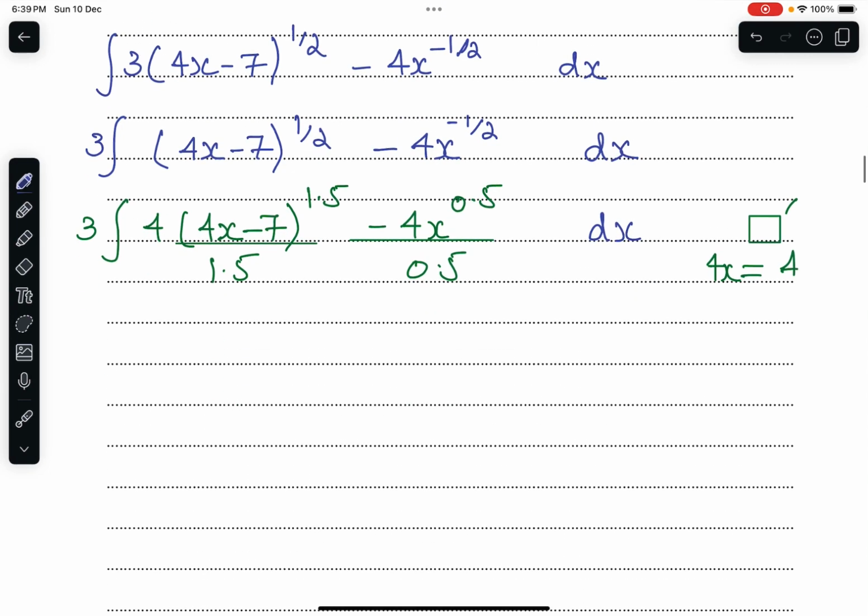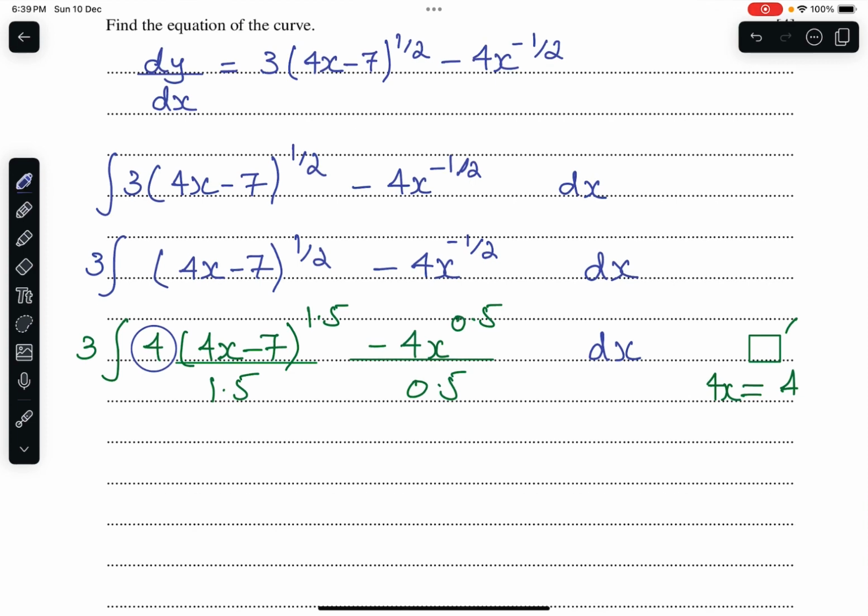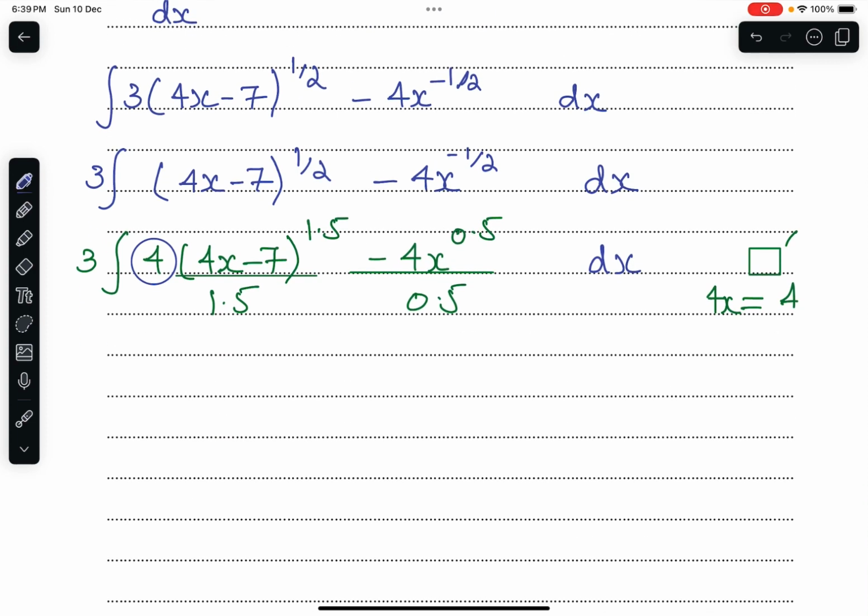So what are we going to do now? When I have introduced this 4, the differentiation of the box outside, I need to introduce something outside the symbol of integration in order to cancel this out as well, because otherwise my equation would get imbalanced. It is not going to be a balanced equation.